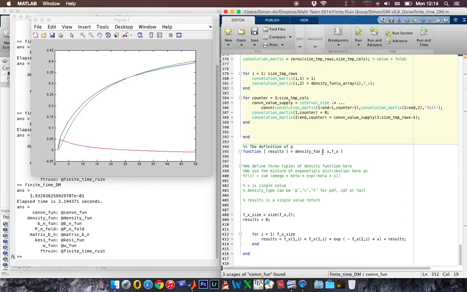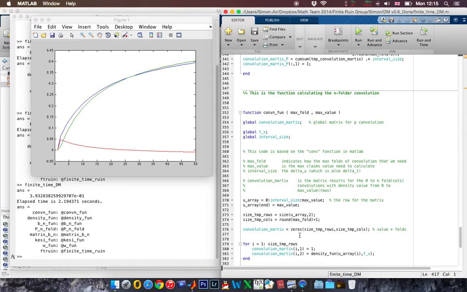That is why our algorithm can work much more generally than the examples given by Dickson in his paper, as long as you can tell the computer what the density function of your claims is. In our example, it's just a mixture of exponentials, so I wrote it this way, but you can easily change it into any continuous function that you can write down if you want.